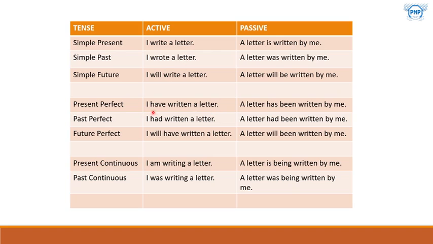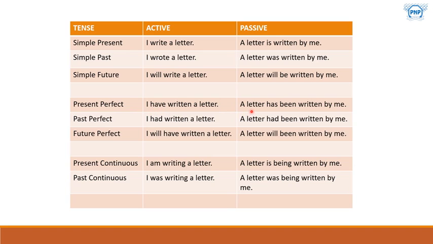I have written a letter. We know that have, has, had all come under the perfect category. While making perfect sentences, whether it is present perfect, past perfect or future perfect, we use have, has and had, correct? Since this one is a present perfect, here we have used have, since the subject is I. If this one would have been a singular subject, or she, he or it, then it would have been has.